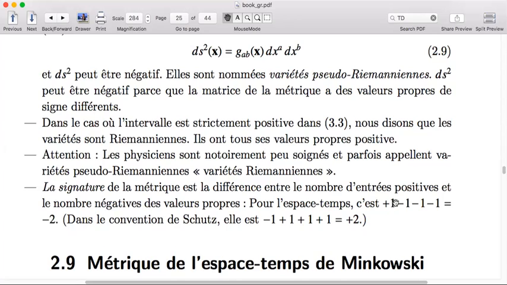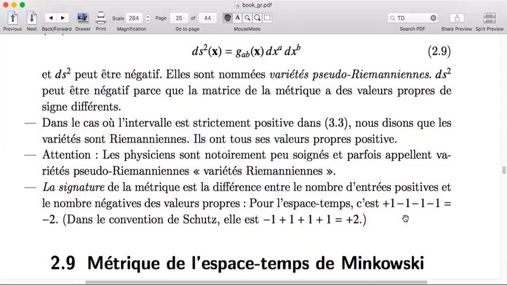Remember that the positive eigenvalue is associated with the time coordinate, and the negative eigenvalues are associated with the spatial coordinates. So really, I know this looks a little bit mysterious, but what it corresponds to is the information that everywhere on our manifold, we have 3 space-like coordinates and 1 time-like coordinate.